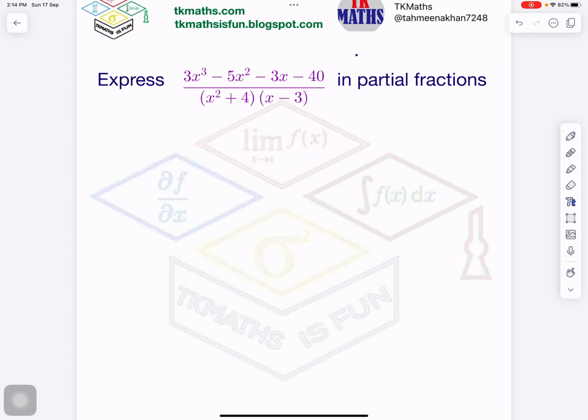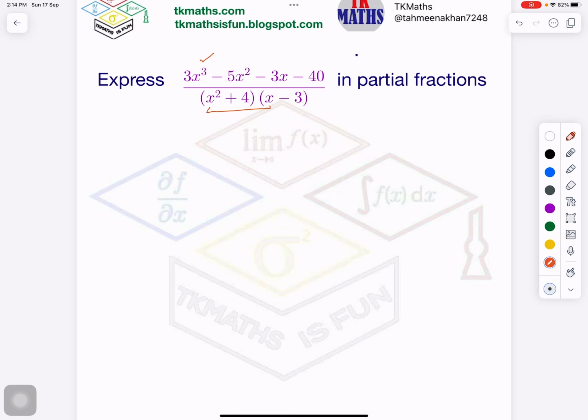If you see here, the degree of the numerator is 3, right? x has power 3. Similarly, in the denominator, if you multiply x squared by x, it will be x cubed. So when the degree of the numerator and the denominator of the polynomial is the same, it is dealt with as an improper algebraic fraction.